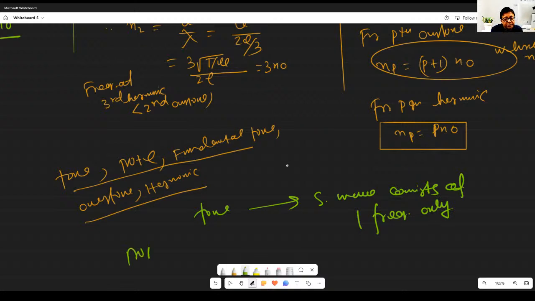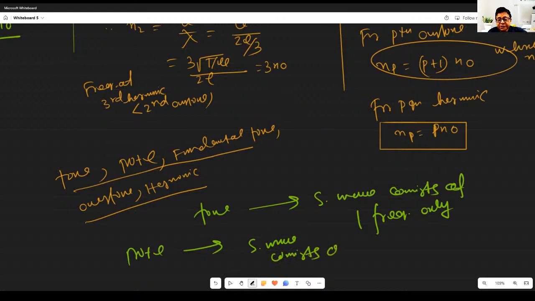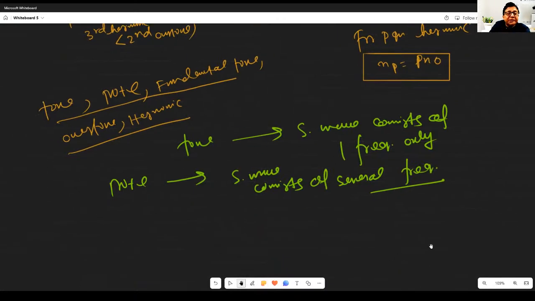What is note? Sound wave consists of several frequencies. That is what? My voice, best example. My voice has several frequencies. Human voice.